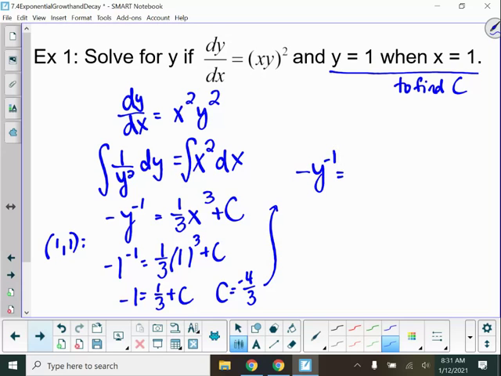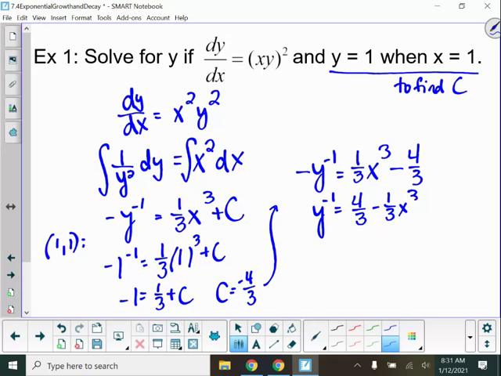I have negative y to the negative 1 is equal to 1/3 x cubed minus 4/3. If I get rid of the negative out in front, that's going to be 4/3 minus 1/3 x cubed, or you could call it negative 1/3 x cubed plus 4/3.